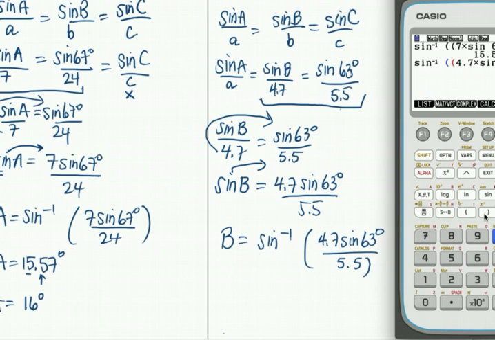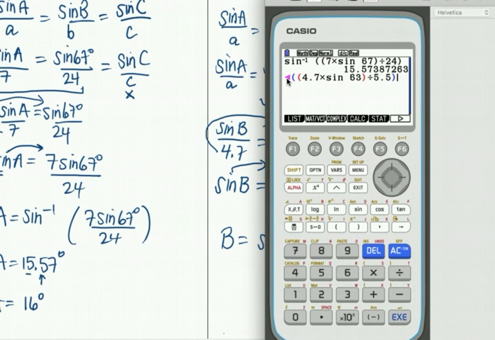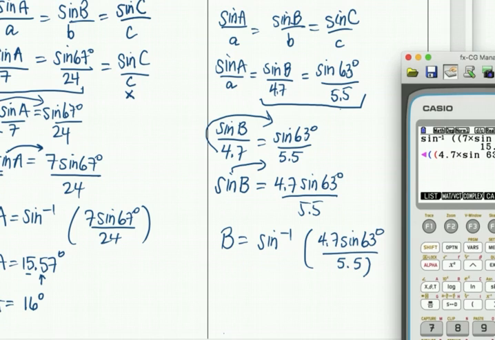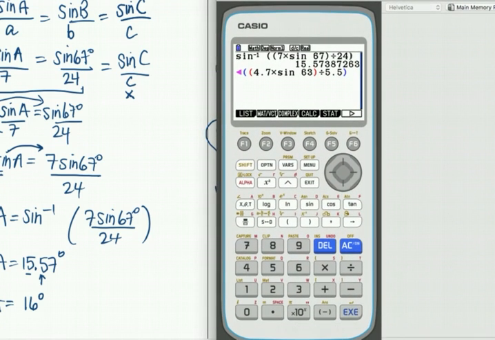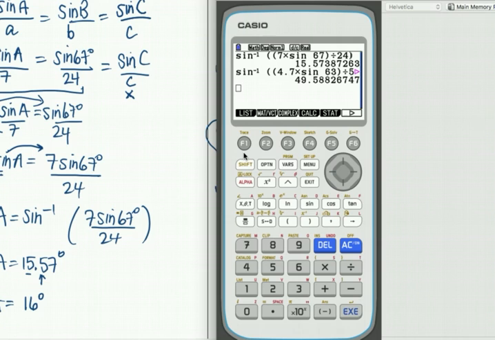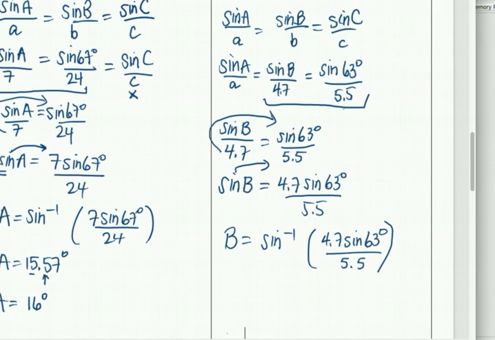Okay, and then bracket divided by 5.5 bracket. Okay, so here I have inverse sine 4.7 times sine 63 divided by 5.5. Let's make the second bracket bigger here. Okay, so let's calculate that out now. So we have, enter, 49.588, okay?